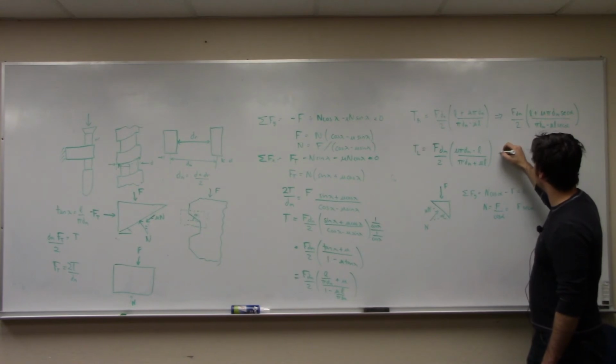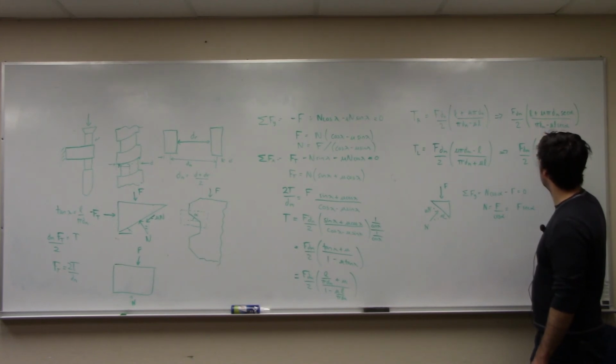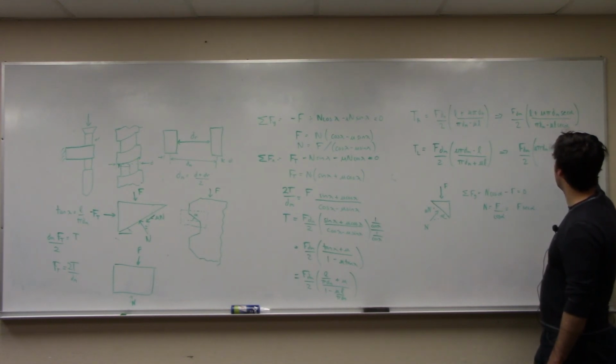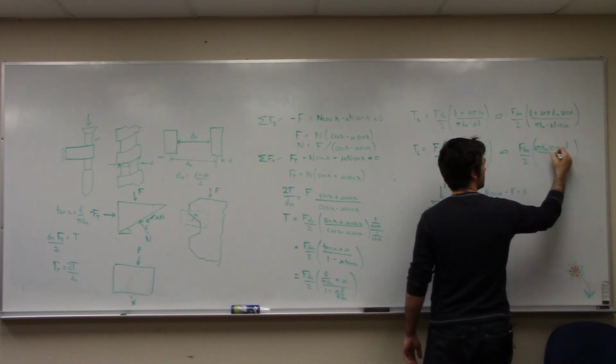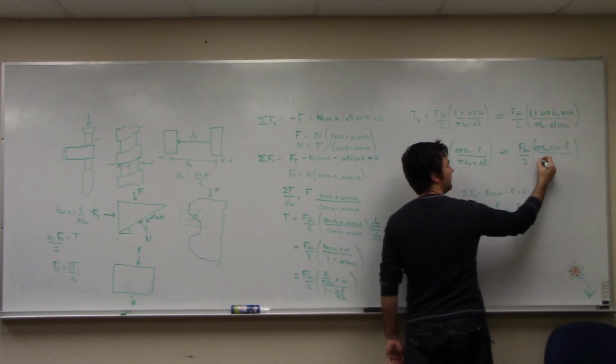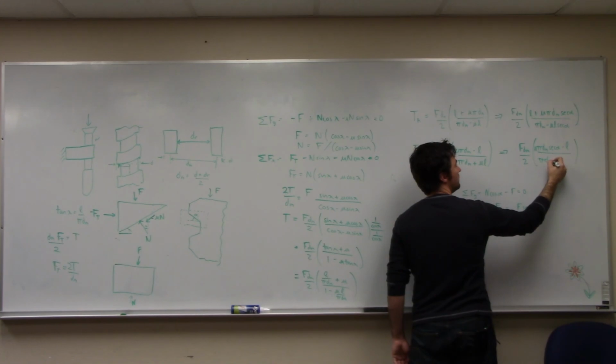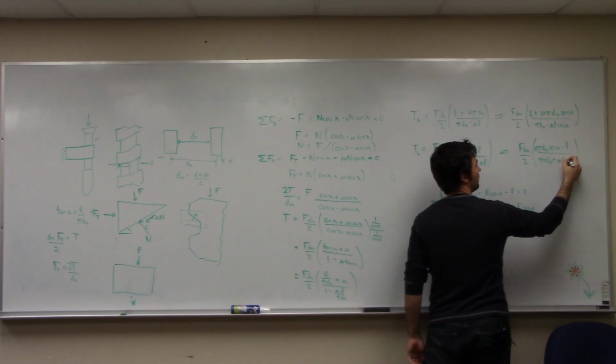And likewise, this one becomes F dm over 2 times (mu pi dm secant alpha minus L) over (pi dm plus mu L secant alpha).